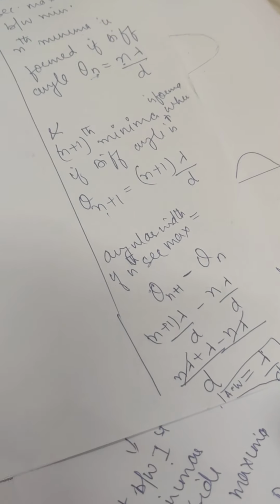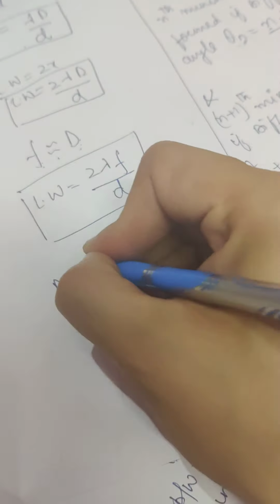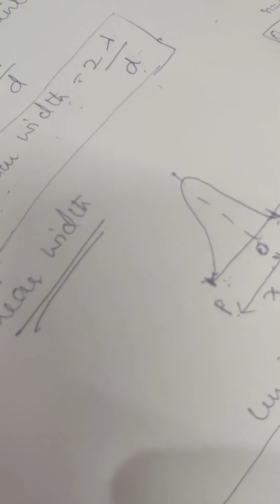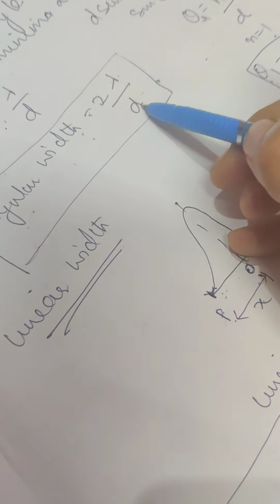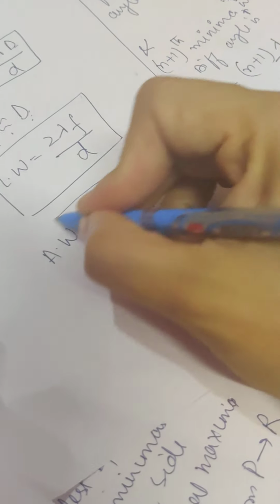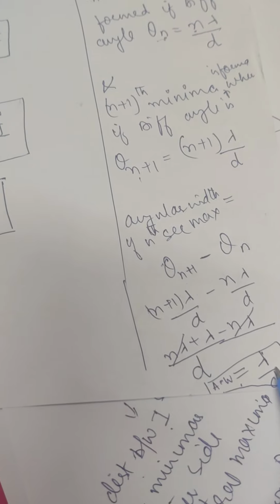Beta, you can clearly see the angular width which we calculated in case of central maxima, yes, here, the angular width was 2 lambda by d. Central maxima angular width was 2 lambda by d, and the angular width of secondary maxima is lambda by d.